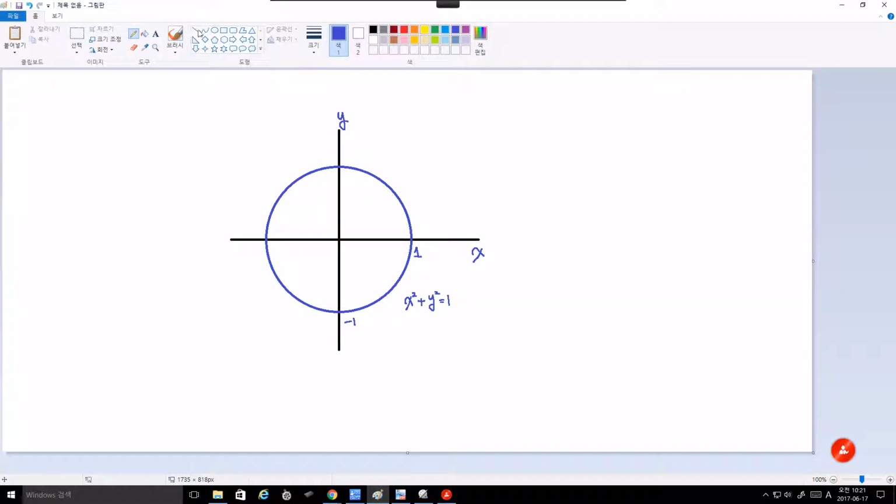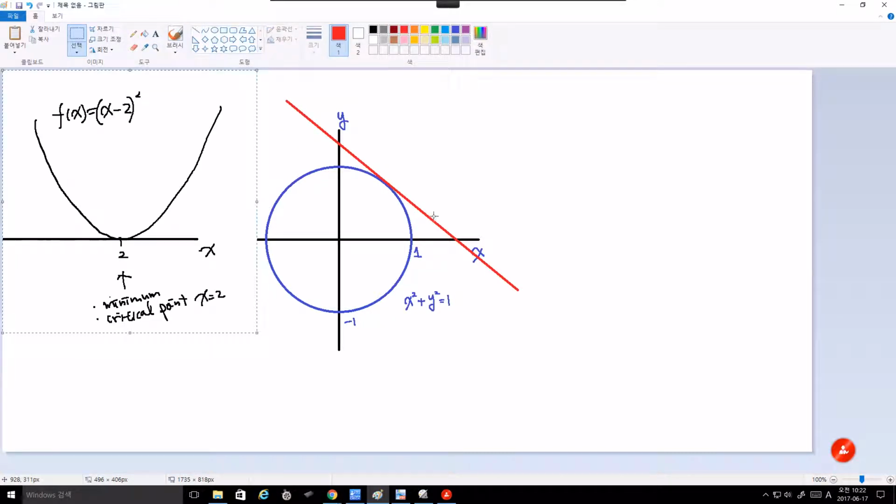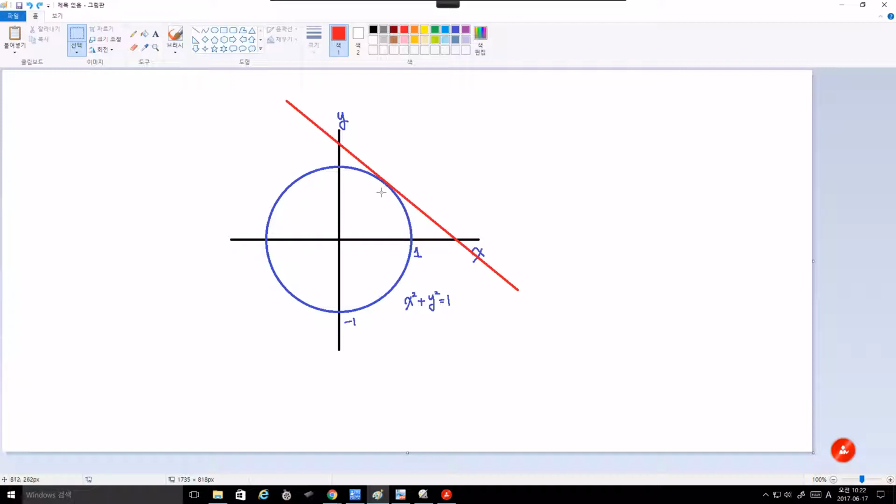So x plus y would look like this. Well, it is not exactly x plus y, it is at 45 degrees somewhere, right? So we want to find the maximum of this one. Clearly, the maximum would happen somewhere here, and the minimum would happen somewhere over here, right?